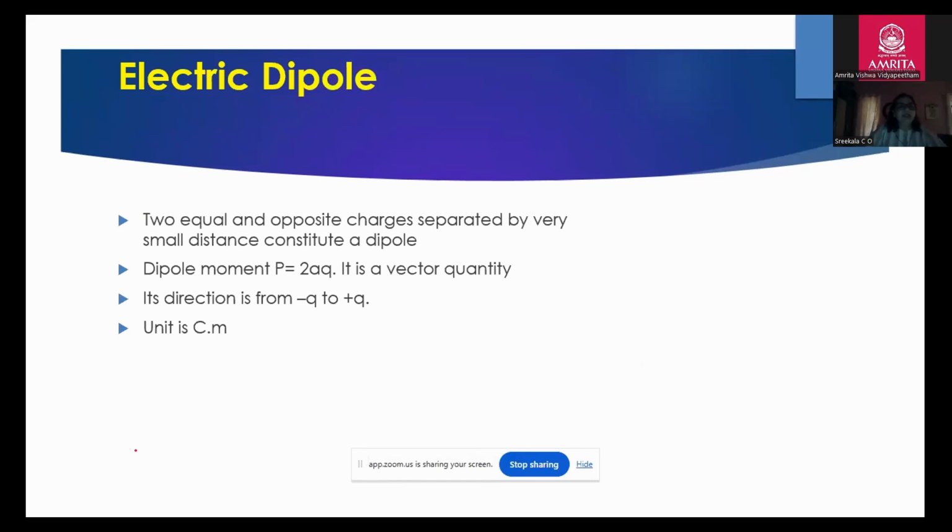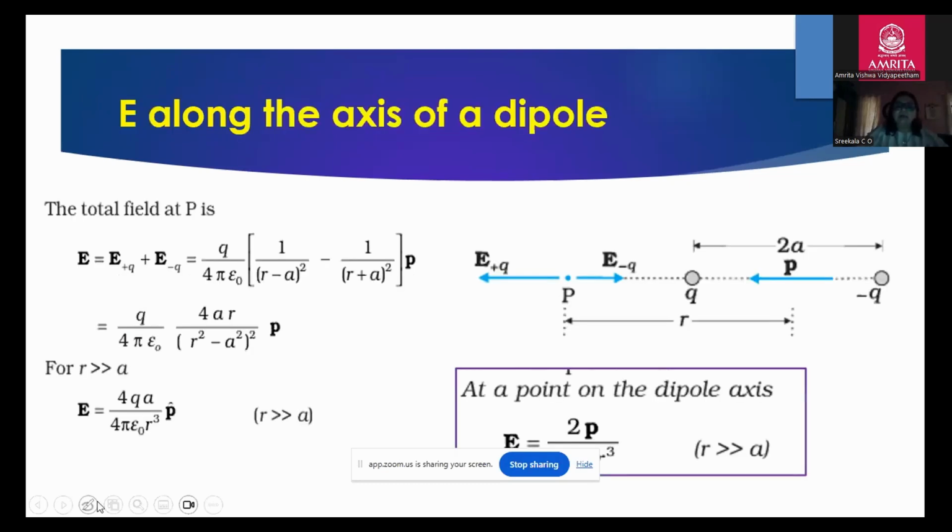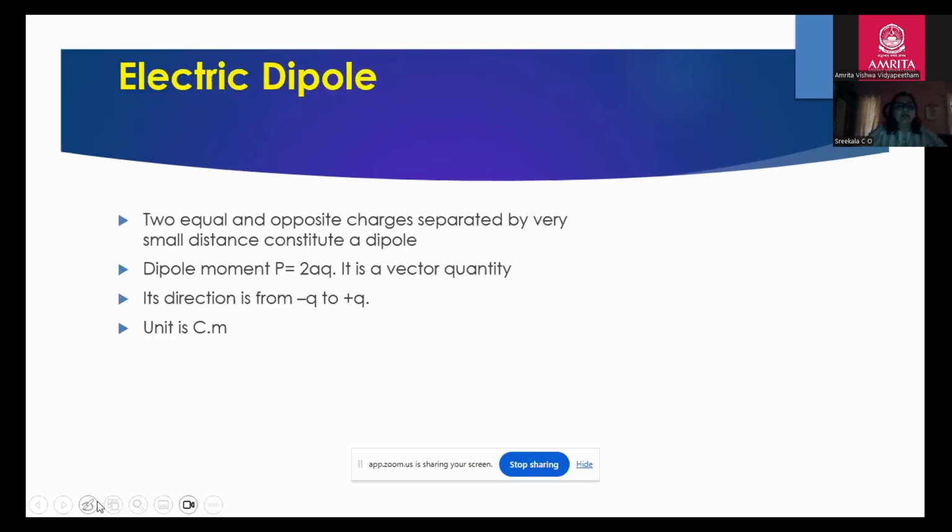Electric dipole: two equal and opposite charges separated by a very small distance constitute an electric dipole.